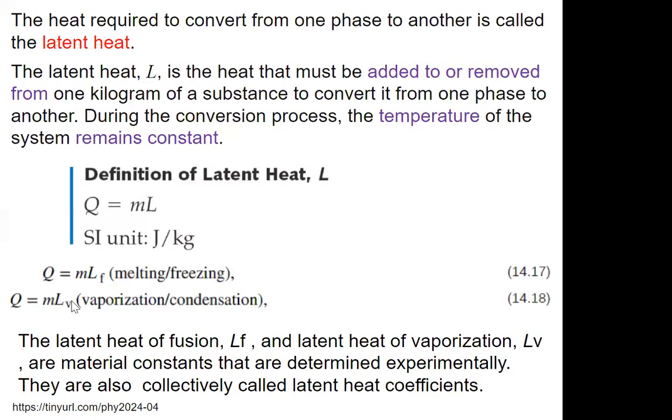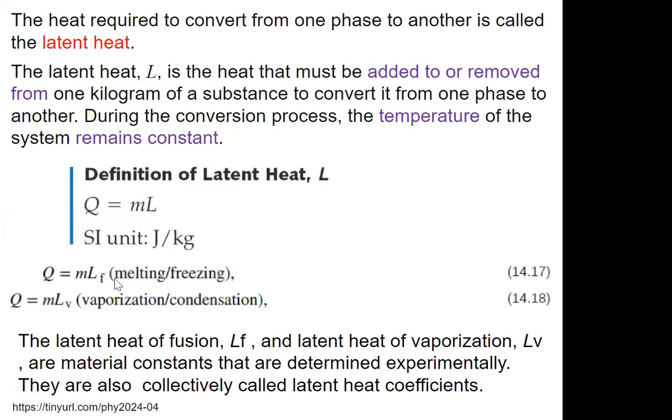On the other hand, if you have water that is freezing, then you need to take the same amount of heat out of the process per kilogram of water. So L sub F refers to both melting and freezing. When you are melting, say, 1 kilogram of ice, if you need 2000 joules of energy, then in the reverse process, if you want to freeze 1 kilogram of water into ice, you also need to take out 2000 joules of energy.